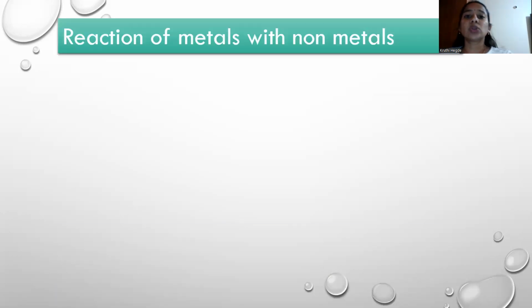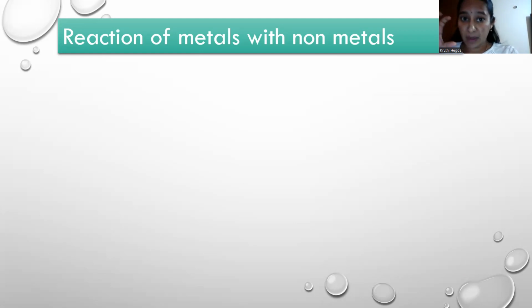Keeping that in mind, let us move to another concept of the chapter, that is how metals react with non-metals. Let us understand that under the heading reaction of metals with non-metals. Metals generally have less than 4 electrons in the outermost shell.